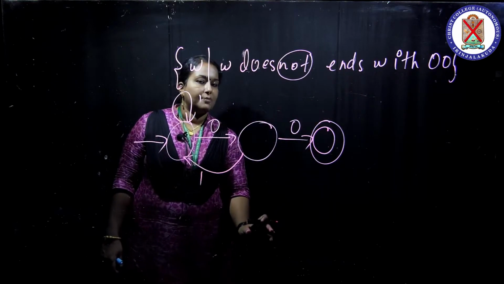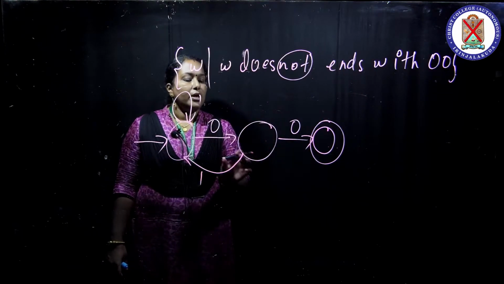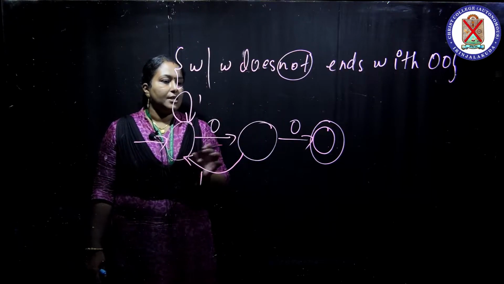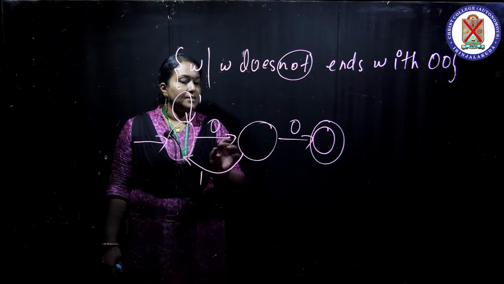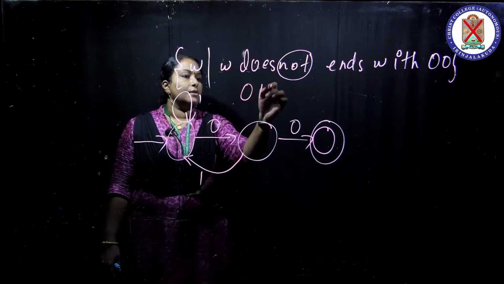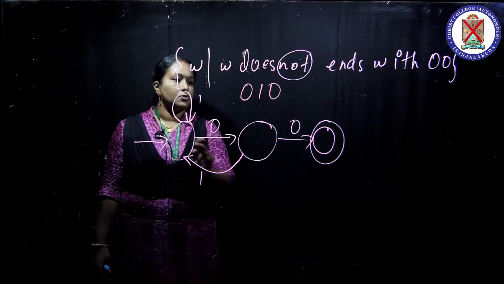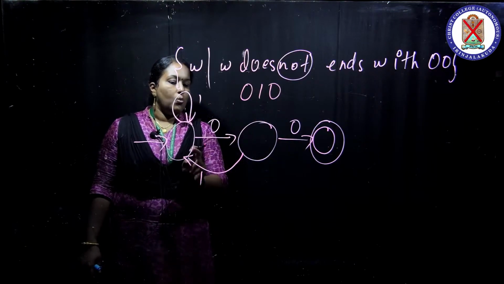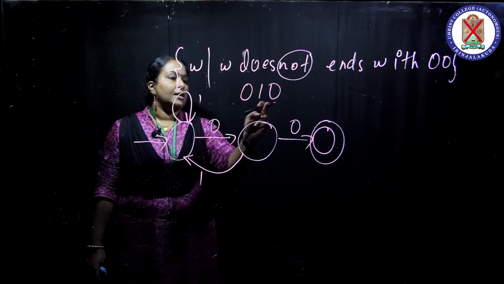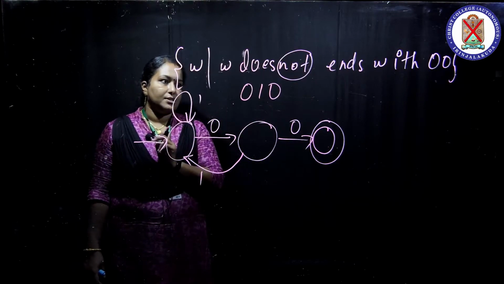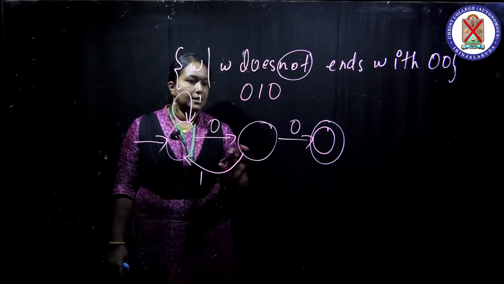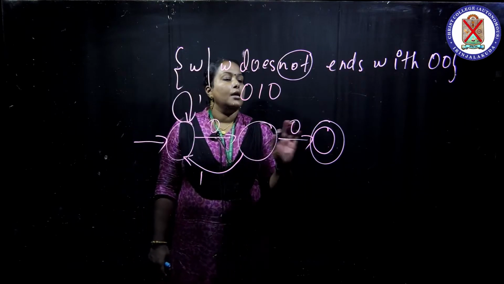There is no trap state here. So it moves to the previous state because 0 0 is the pattern. If 0 1 0 comes, it moves to the first state, that we have already discussed in the first lecture.